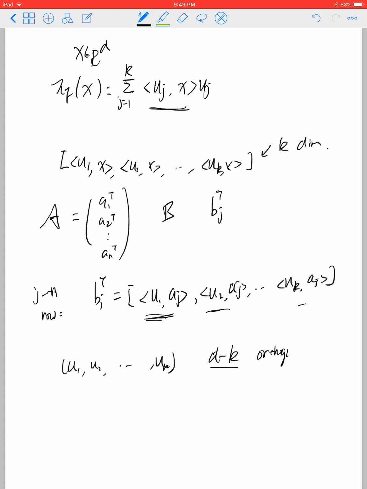Sorry, we want to calculate Bj, the jth row of B. It should be Bj transpose, which is simply the inner product between U1 and the original vector Aj, and U2 Aj, until Uk Aj.